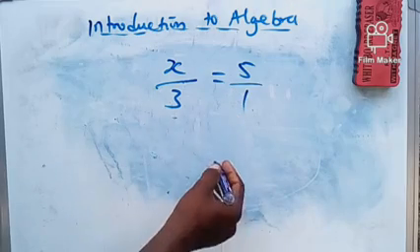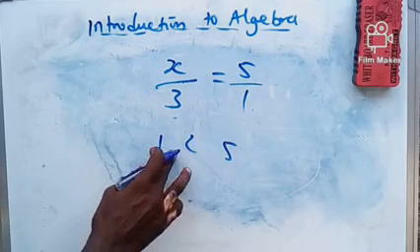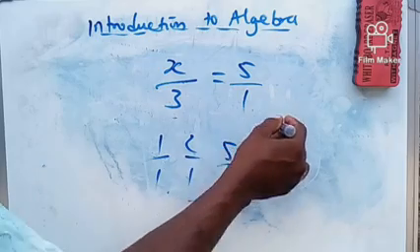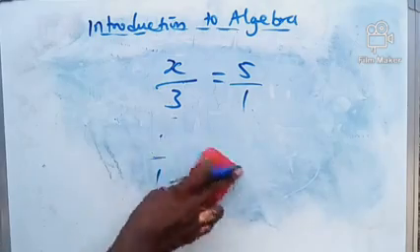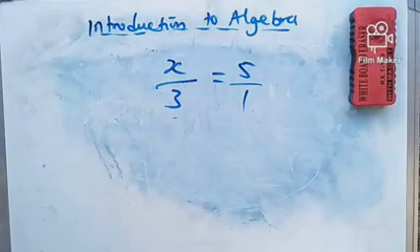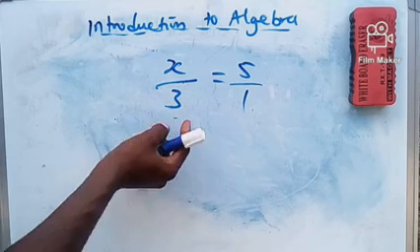As a matter of fact, anytime you have a number standing alone, 1 is 1 over 1, 2 is 2 over 1, 5 is 5 over 1, 8 is 8 over 1. Any number standing alone, whenever a fraction is involved, is that number over what? 1.